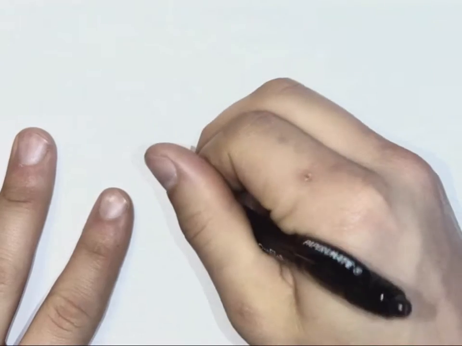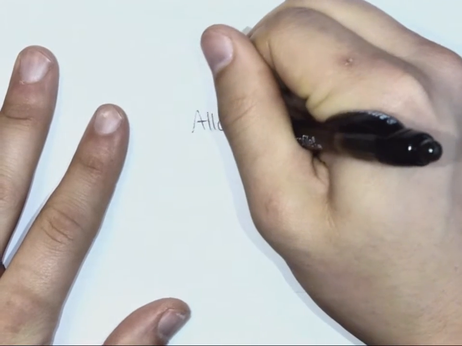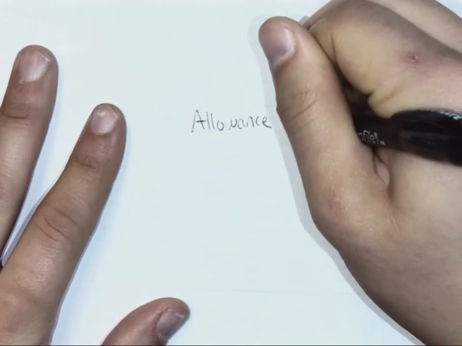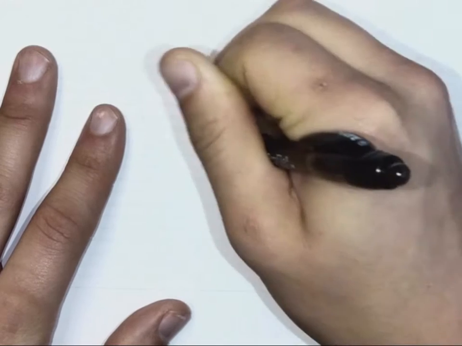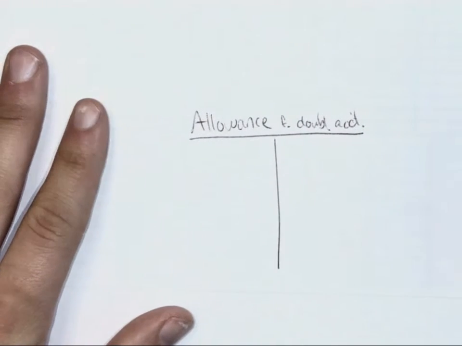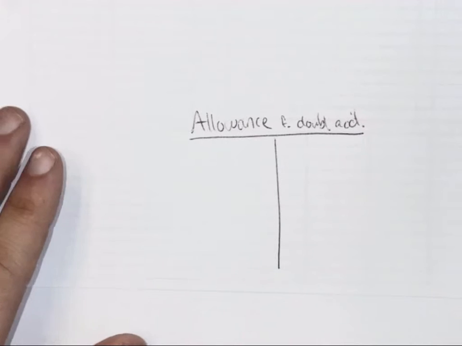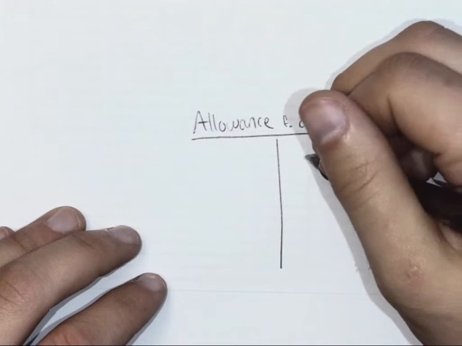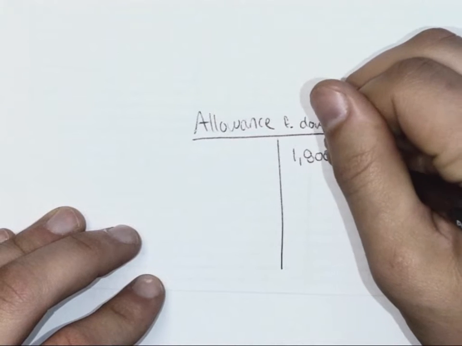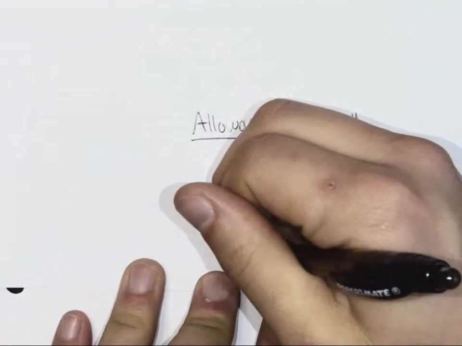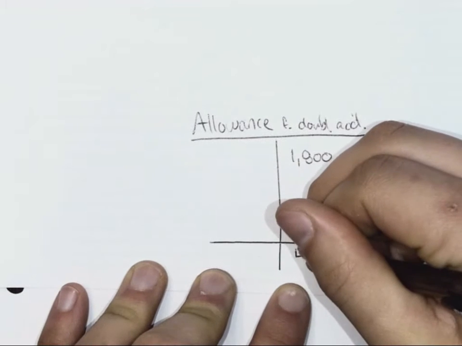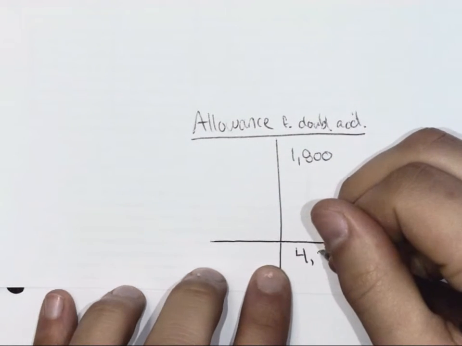What did we say our unadjusted allowance for doubtful accounts was? What is the balance of our allowance for doubtful accounts? 1,800 credit or debit? And what is the normal balance of a contra asset? It's credit.